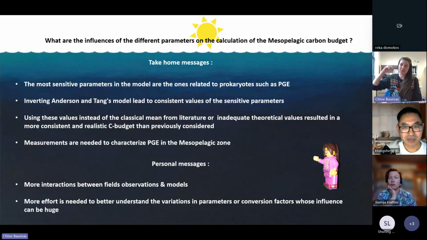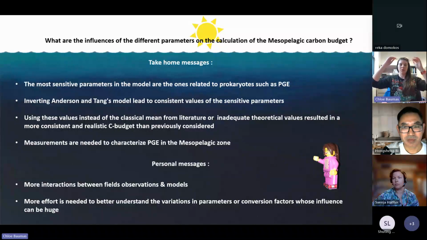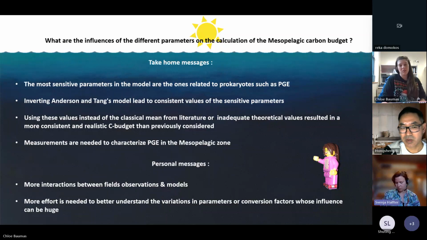Yeah, in the model, maybe it should be a bit improved because the active flux is only something that you add at the start. Like you say there is as much carbon entering the mesopelagic zone and that's it, that's fixed. So maybe it should be a bit more dynamic or something. Yeah, okay, fair enough.